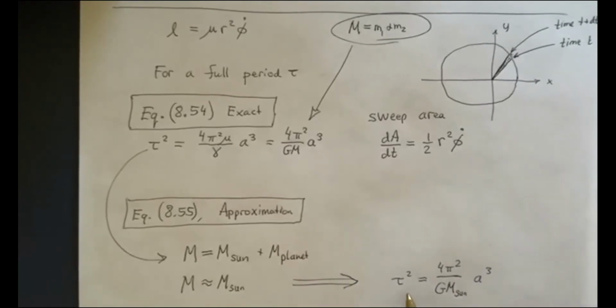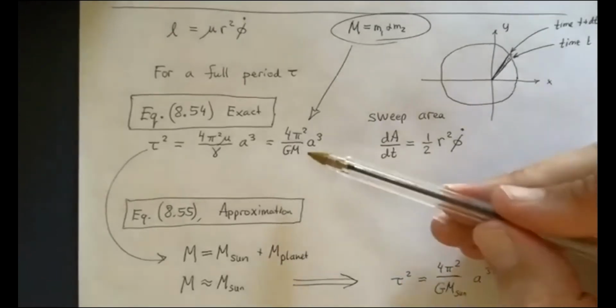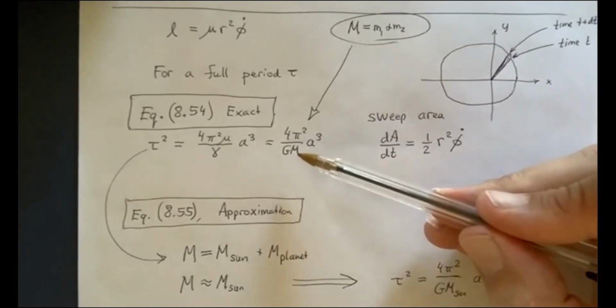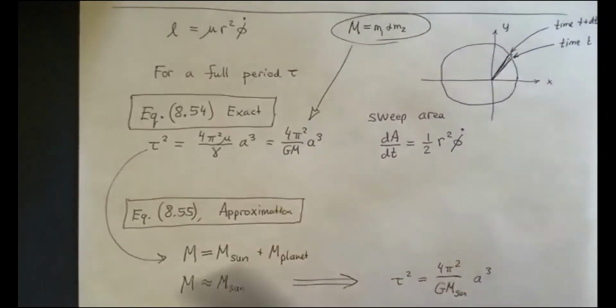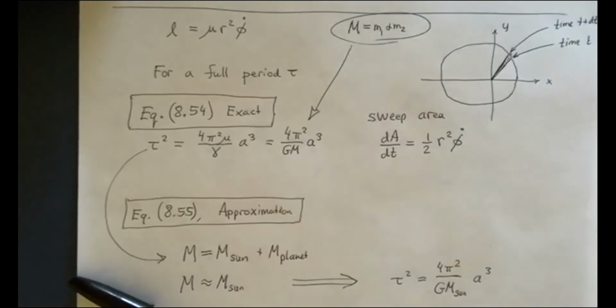The square of the period is proportional to the cube of the semi-major axis. The constant of proportionality is the same for all the planets. The truth is it's slightly different, it's really mass of sun plus mass of planet. But when you run the numbers, you're making an error at the 6th digit. It's a tiny part per million error, so it's quite acceptable.